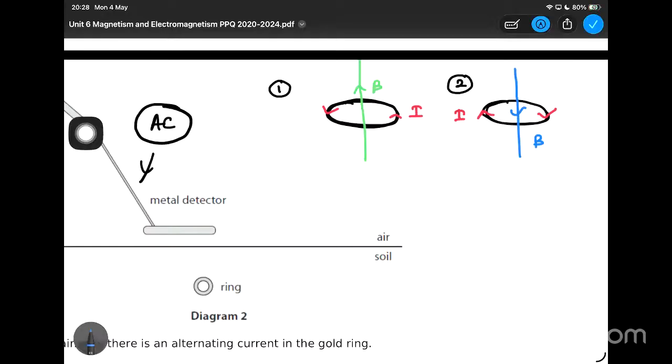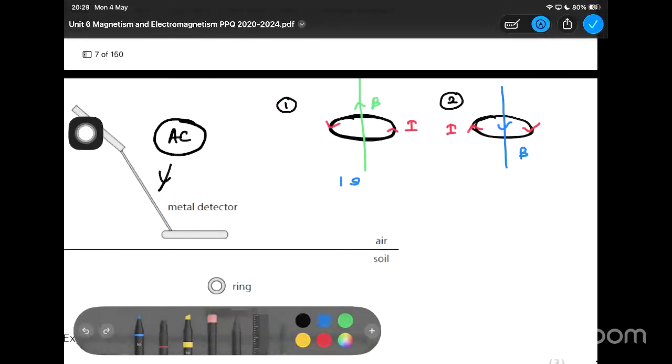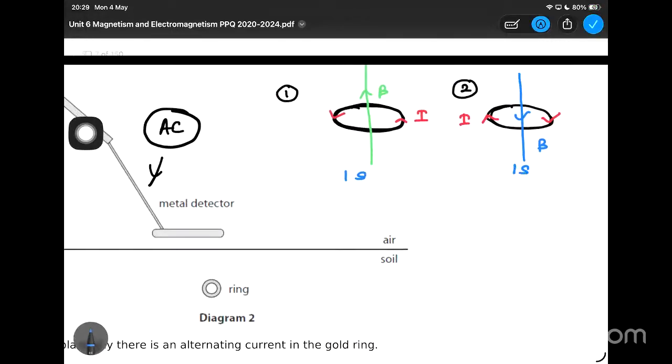So for the first second, you have a magnetic field in this direction, and in the very next second, you have the magnetic field the other way around, in the opposite direction.